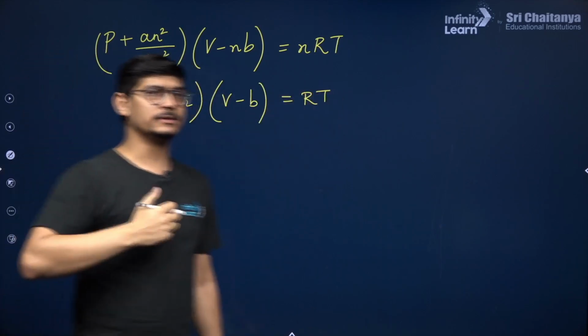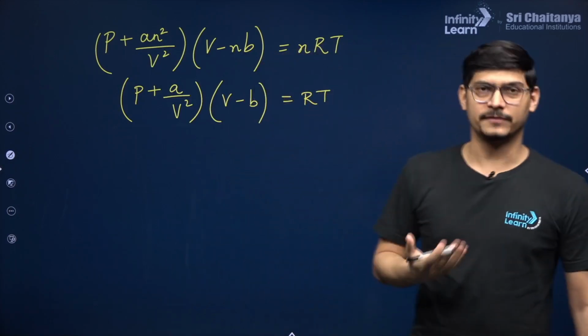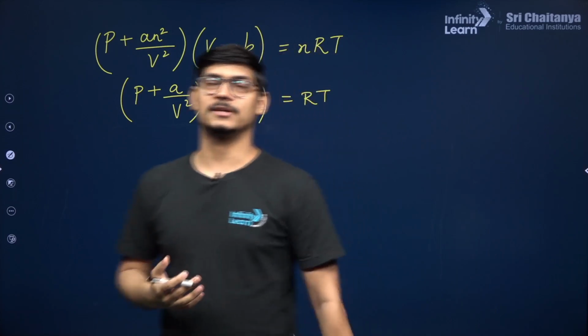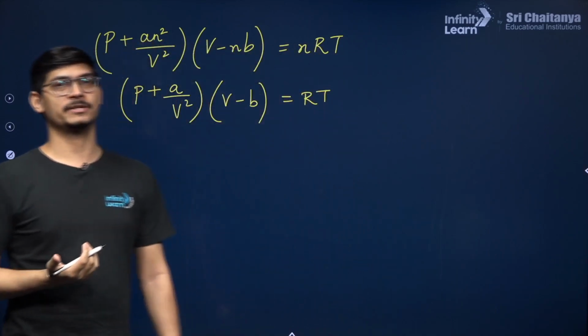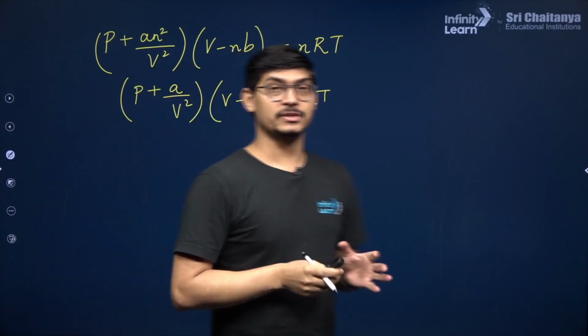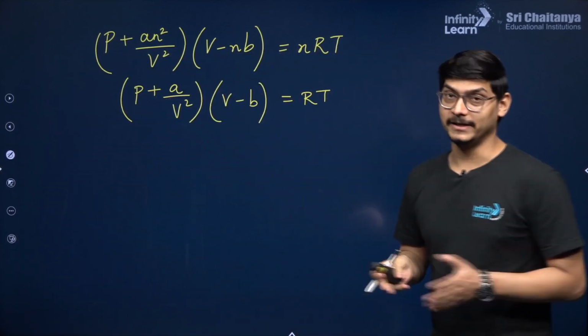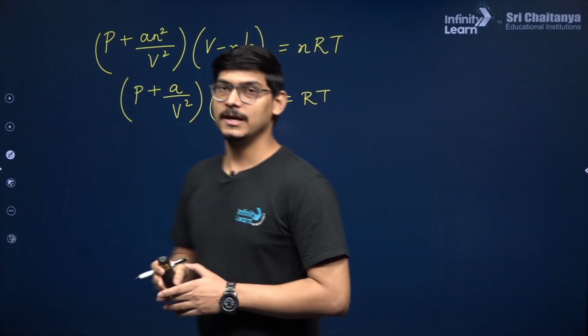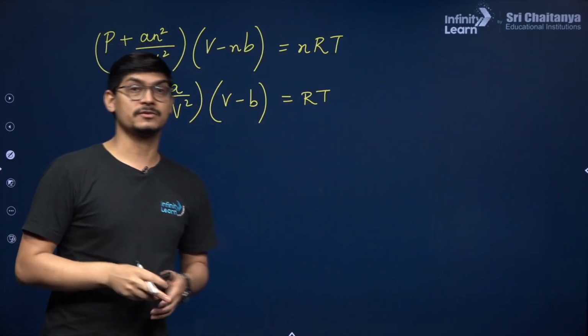Now this van der Waals equation can be converted into several forms depending upon the conditions of temperature and pressure. For example, if you are considering very low pressure and very high temperature: if the pressure is very low, what will happen? Volume will be very high, particles will be very far away from each other, and temperature is also high. That means there are no attractive forces.